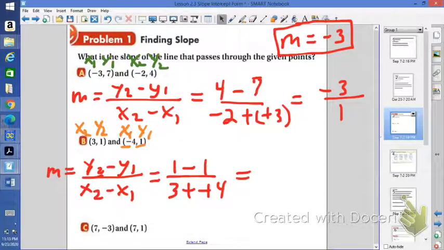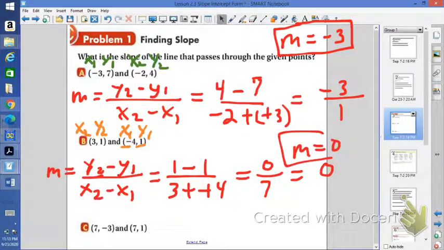Alright, so we have 1 minus 1, that's going to be 0. So we have 0 over 7. 0 over 7 is 0. So there's our slope for B.